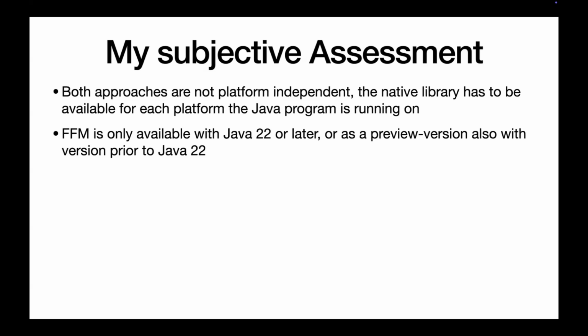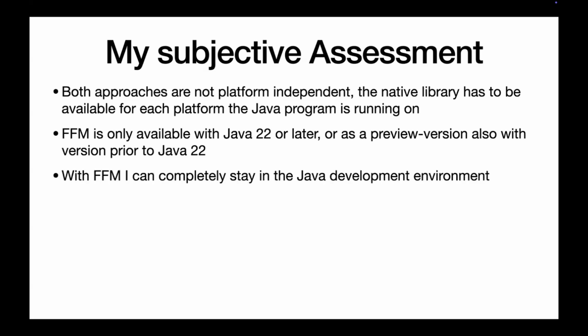If not, you're stuck to JNI if you have to call native libraries. With FFM, you can completely stay inside your Java ecosystem. You don't have to get out of it. You maybe just have to read the header file of the library you want to call and see how to call the methods effectively and what data they need and so on. But maybe hopefully there is some other description online somewhere.